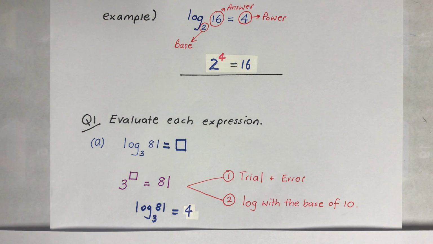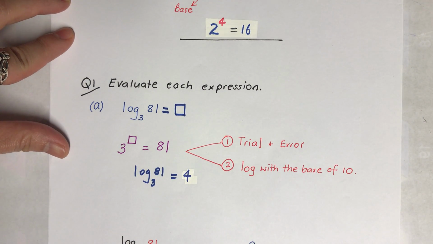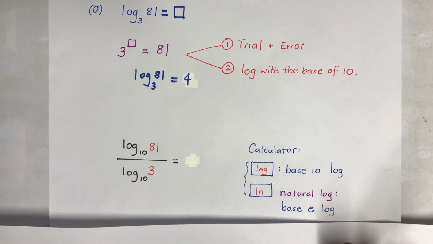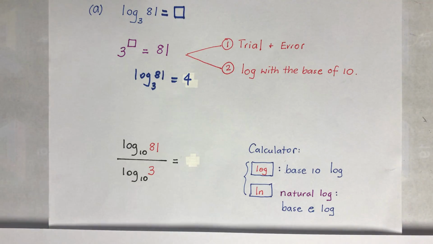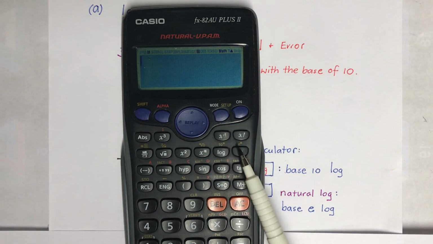But what if I want to change that to log with a base of 10? Now we need to understand the calculator before we can do this. In your calculator, you will see 2 buttons, a log and ln.